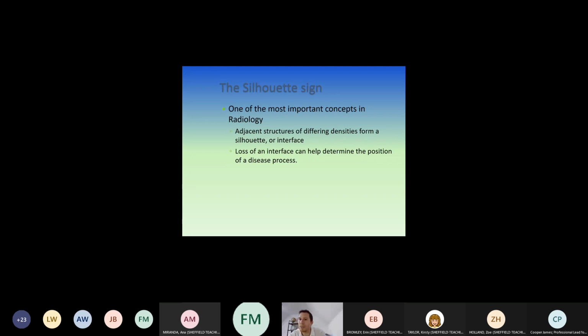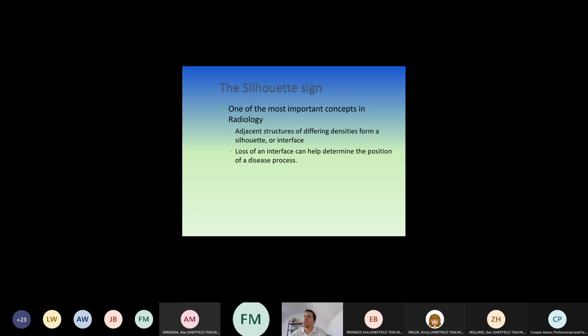Because they're of similar density, you don't see them, because they don't form a silhouette or an interface between them. The reason that bones stand out so well on X-rays is because bones are dense. They're adjacent to a less dense structure, the soft tissues, which is adjacent to an even less dense substance, the air, and that's why we get interfaces between structures.